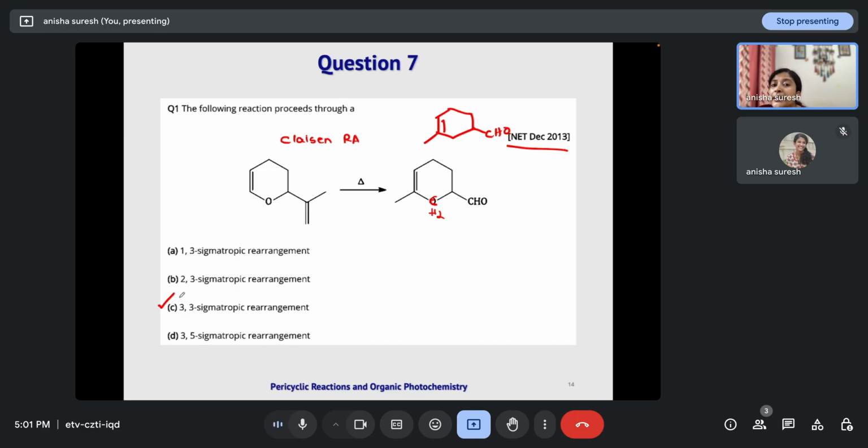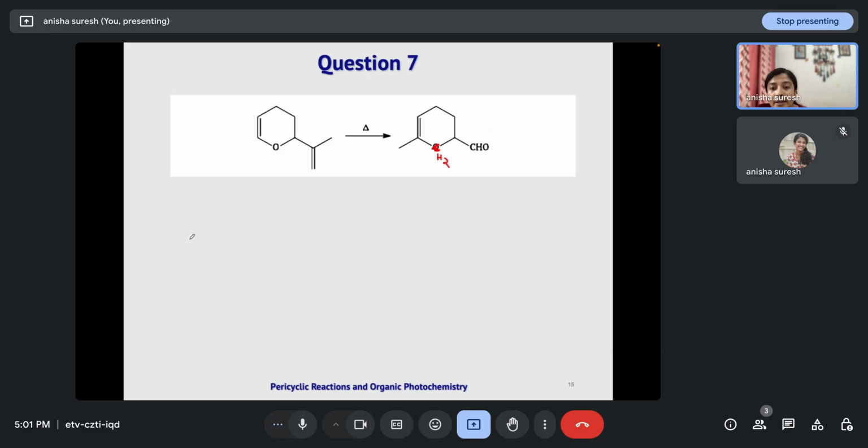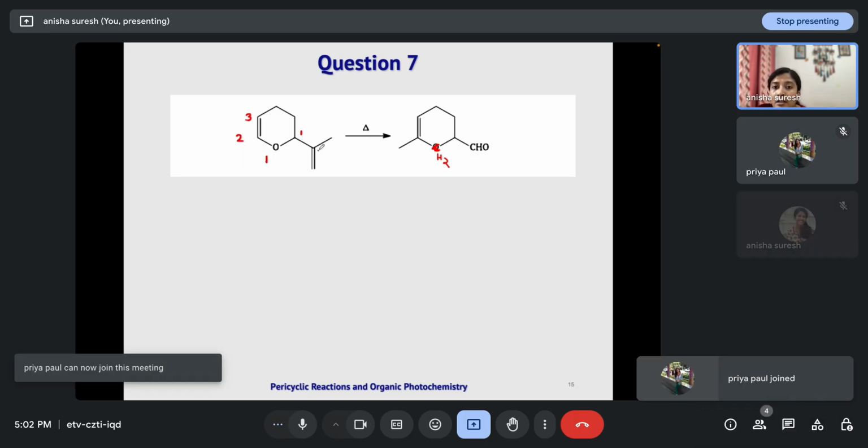So option C will be the right answer for question number 7. We will see how the mechanism is taking place in this case. We can number the system like 3, 2, 1, 1, 2, 3. We can number the system like this.